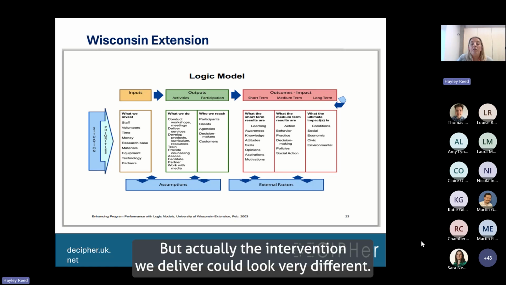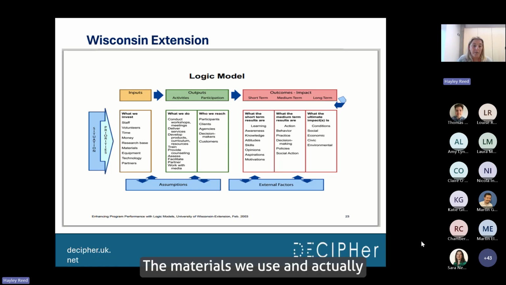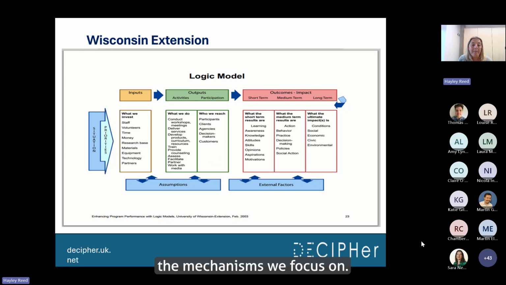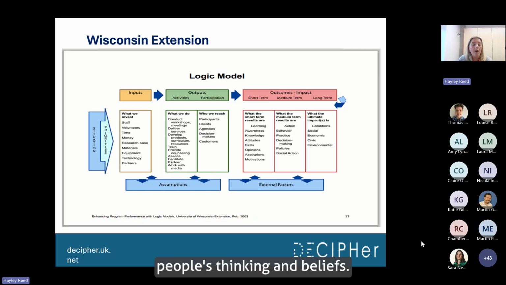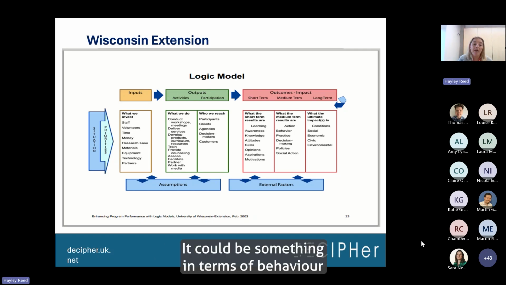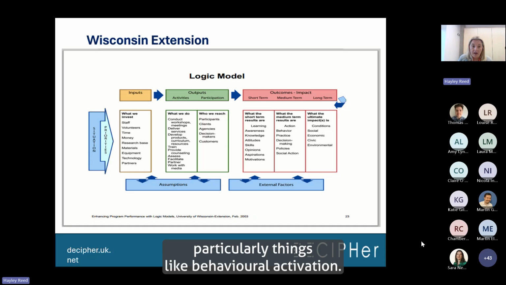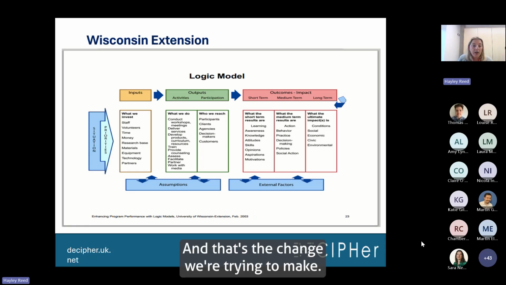But actually, the intervention we deliver could look very different, the materials we use, and actually the mechanisms we focus on. So it could be here that we outline something in terms of, say, a cognitive support, so cognitive restructuring, how we change young people's thinking and beliefs. It could be something in terms of behaviour, particularly things like behavioural activation, and that's the change we're trying to make.